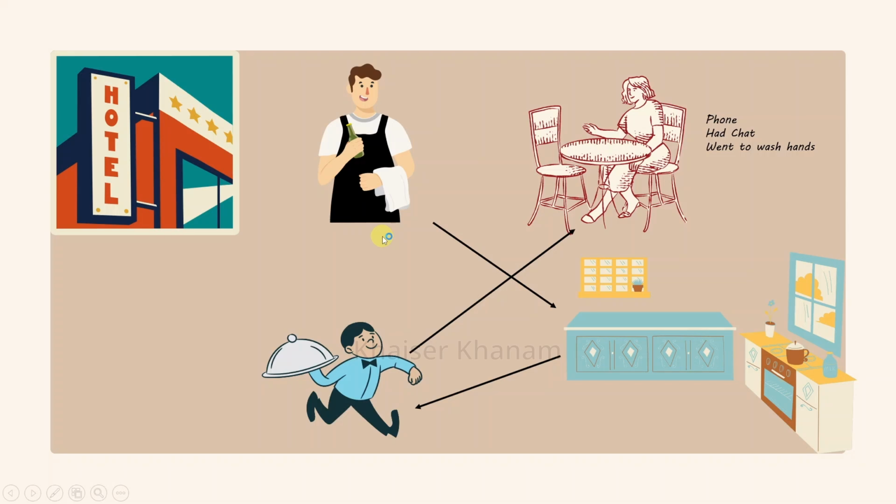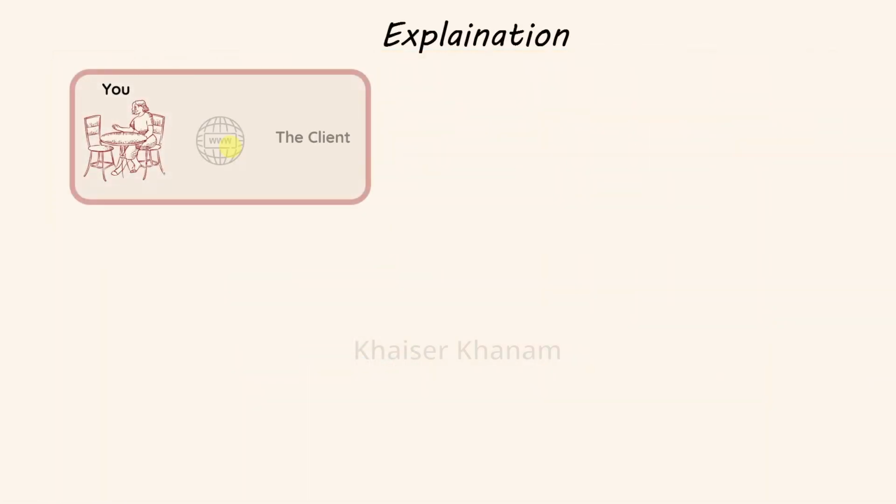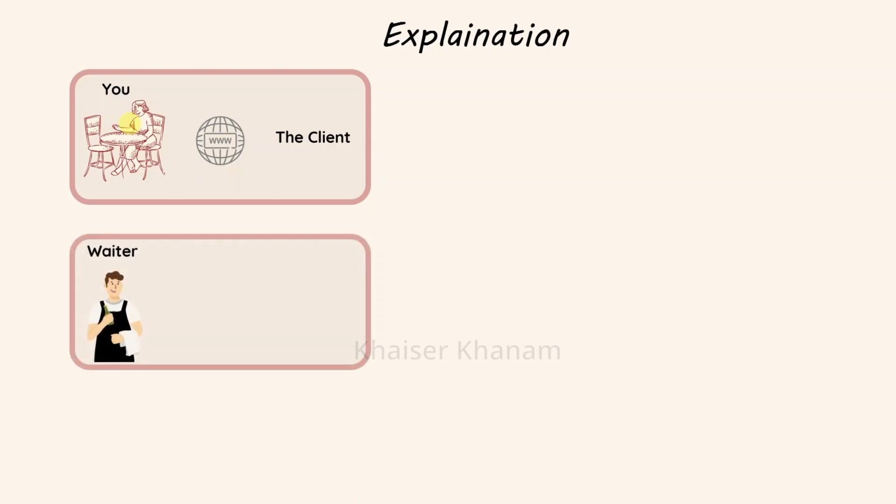Now let us see the roles played by these people. So here we are the client. Client is nothing but the browser where we search some data and in return we get the result. So here I am the client. I just want to request some data. And this waiter will be treated as AJAX.